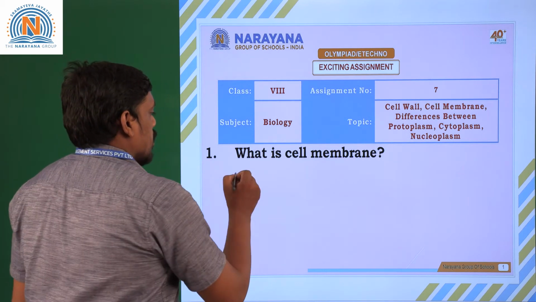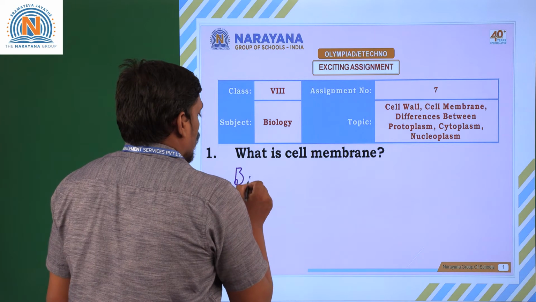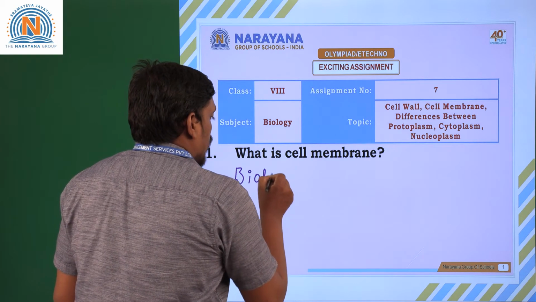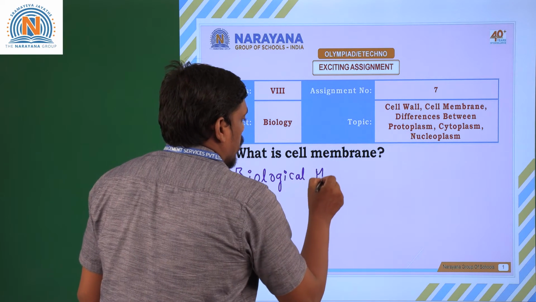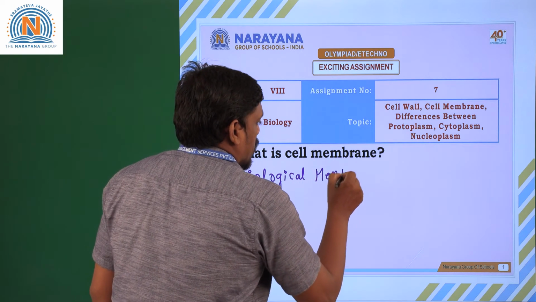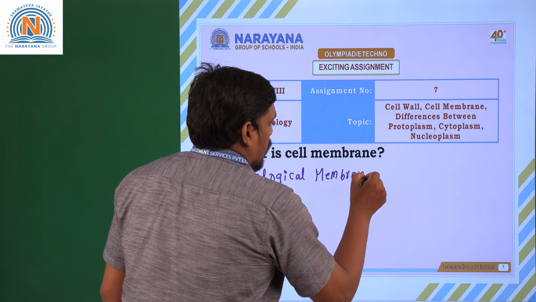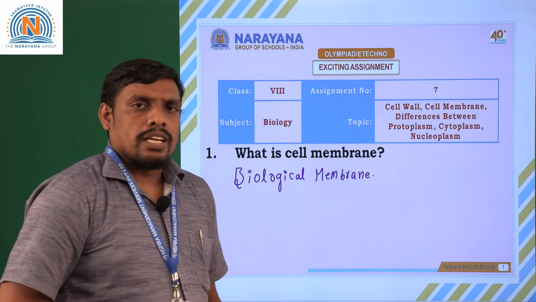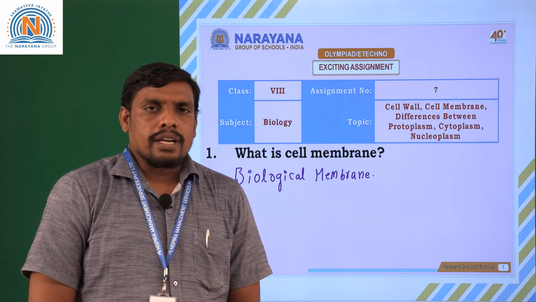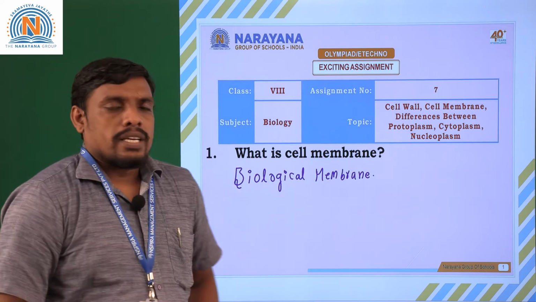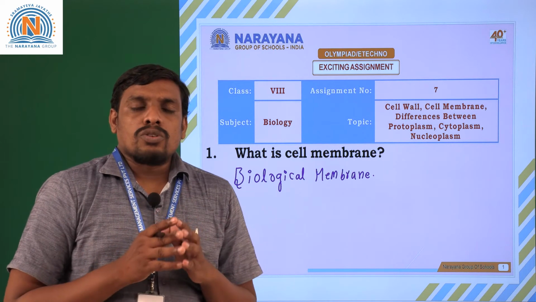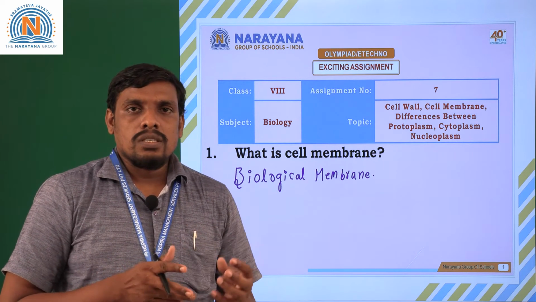A cell membrane is a biochemical or biological membrane that separates the cell from the external environment or the internal environment of the cell. Anyway, the cell membrane is one of the protective layers around the cell.